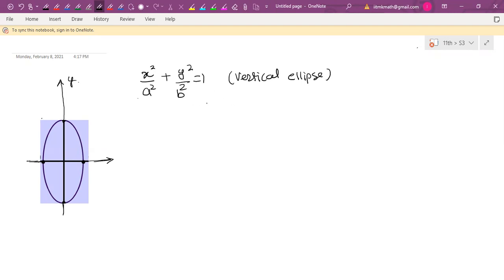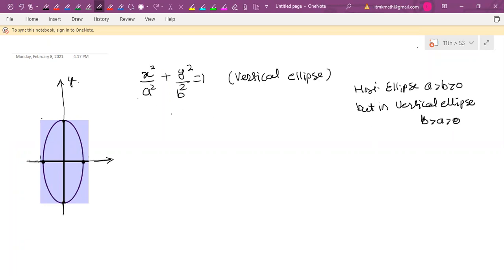In the horizontal ellipse, a is greater than b greater than 0, but in the vertical ellipse, b is greater than a greater than 0.